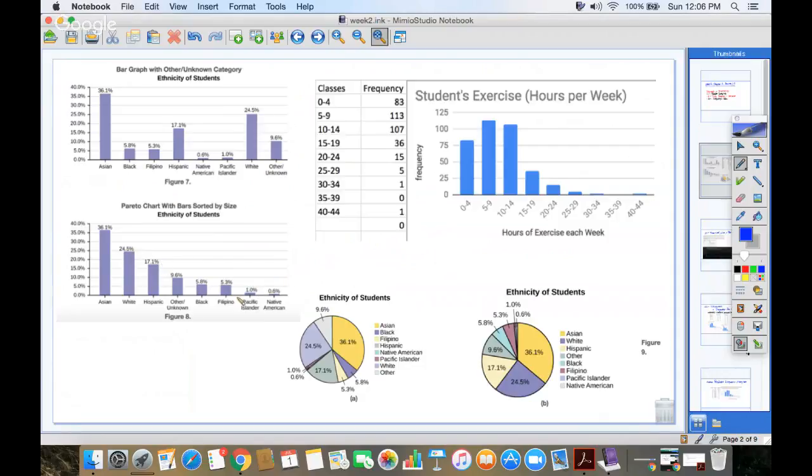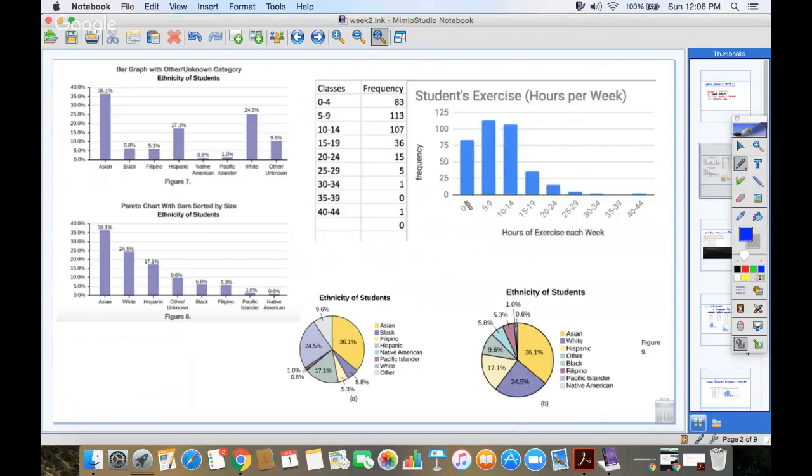We can see a pattern there, and that's pleasing to humans. Similarly, we could make a pie chart with the same data, and organizing that pie chart instead, say alphabetically, we could organize it by the size of the pie coming around here clockwise. And again, that can be more appealing, more informative to people when they're trying to get an idea of what we are looking at with ethnicity in students.